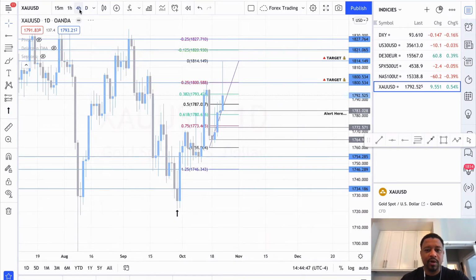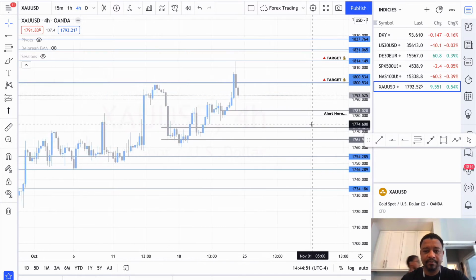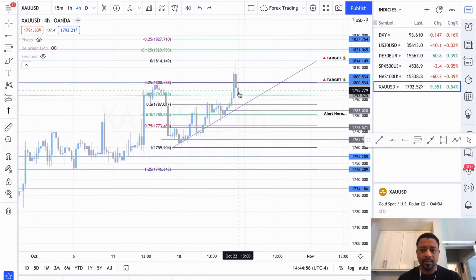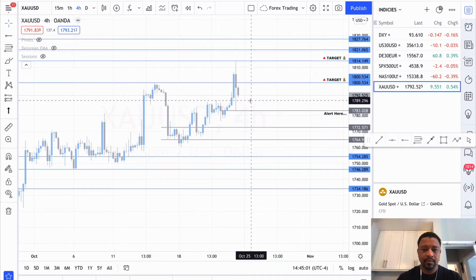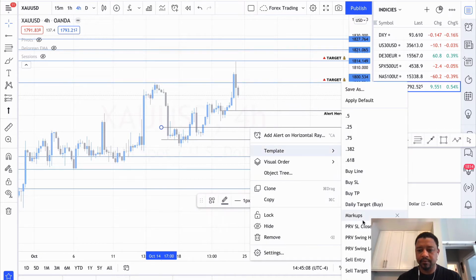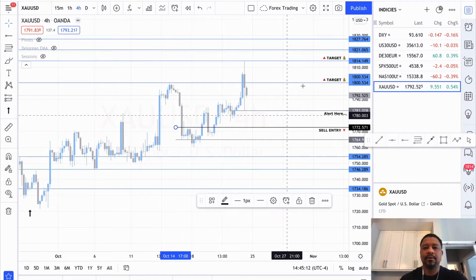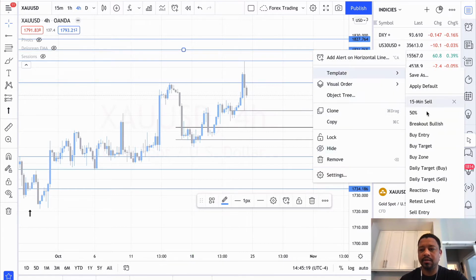So I'll go back to the 4 hour, clean it up. So this will be my sell entry if it breaks below here. Potential buy targets.